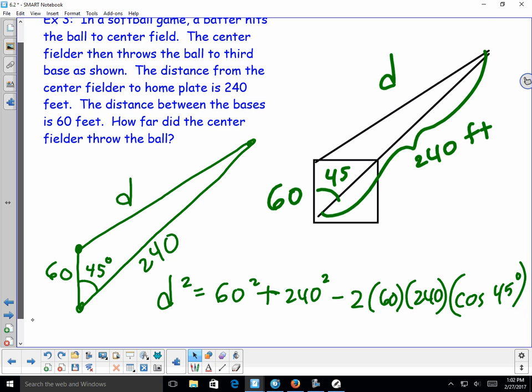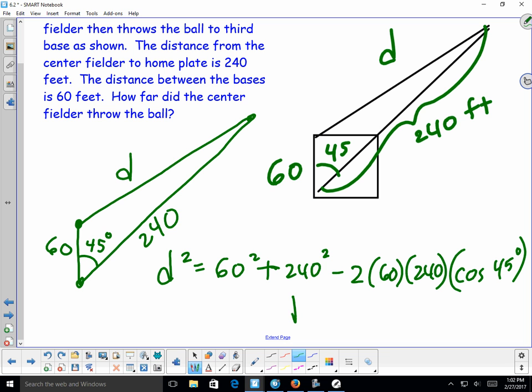Does that sound right? Yes. 202.1 feet that the center fielder throws the ball to third base. Are we okay with this? All right, so I think we're going to stop right now, and we'll handle that shift problem next time. But for right now, I want to get you into groups to work on something else.